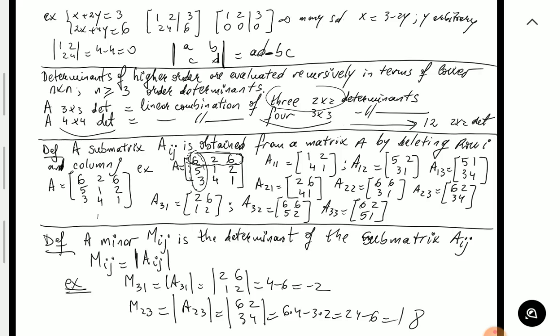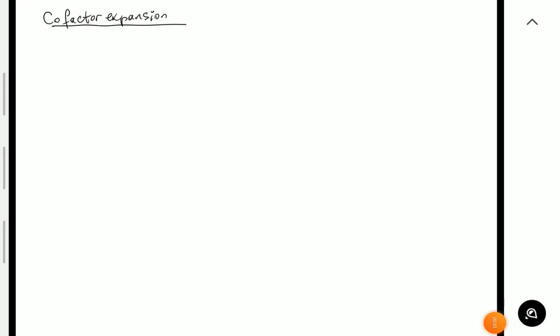All right, so let's stay tuned for the next page. All right, so for a generic matrix of n rows and n columns, the determinant is given by the following linear combination, the so-called cofactor expansion.